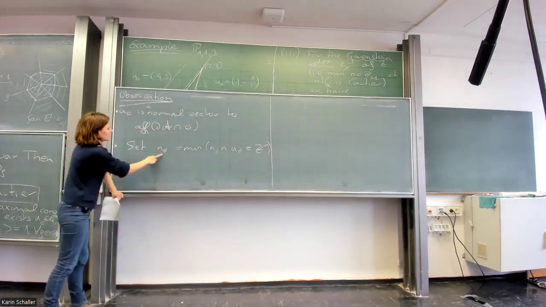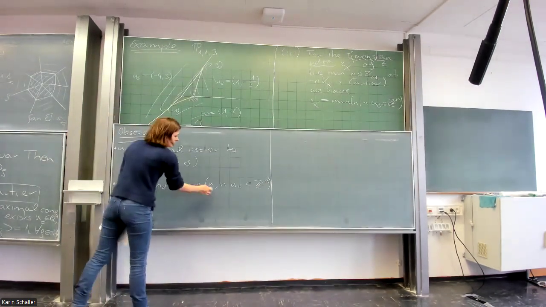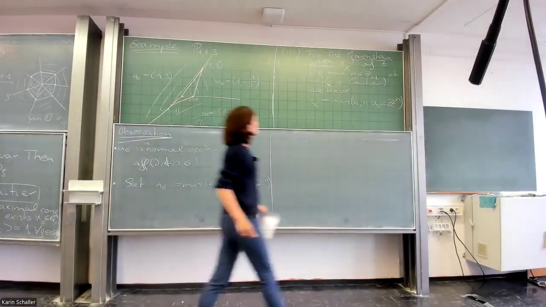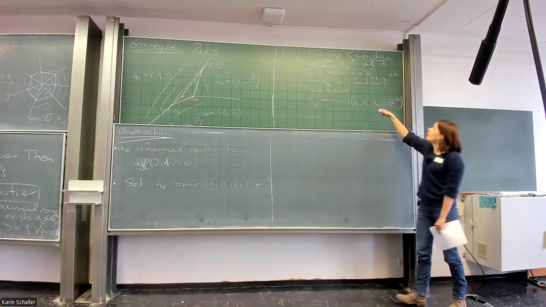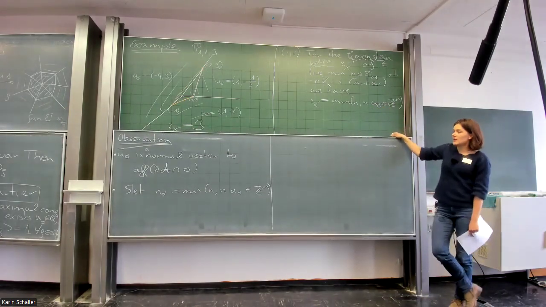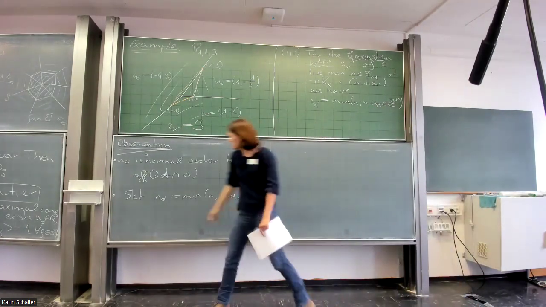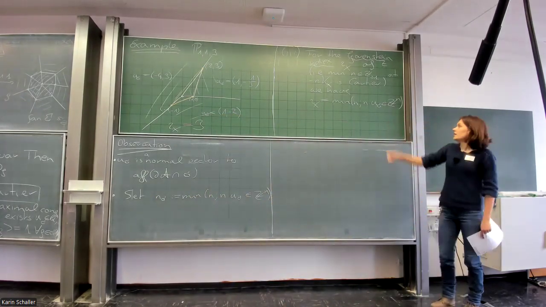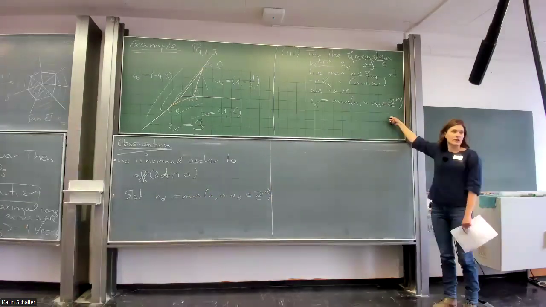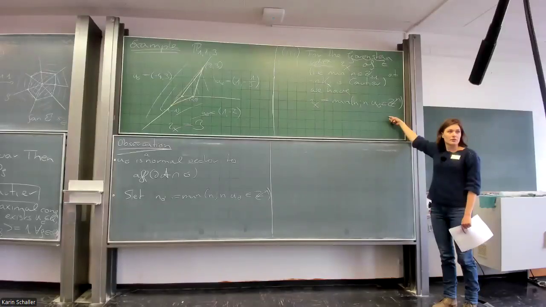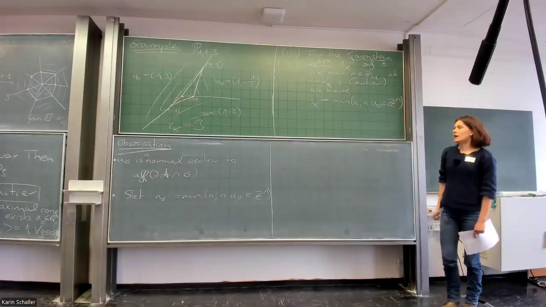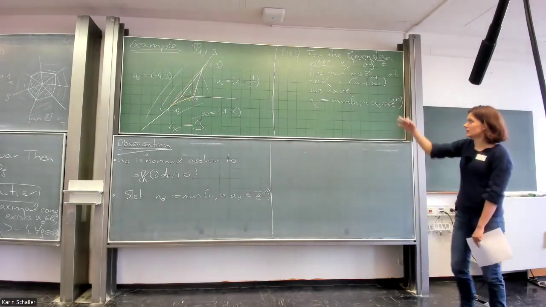So for each maximal cone sigma, we check for this minimum, and then we compare that to our definition of the Gorenstein index. If I take the least common multiple of all of these n_sigma, this gives us precisely the Gorenstein index. Because for each cone, I have to check when I'm actually a principal divisor.